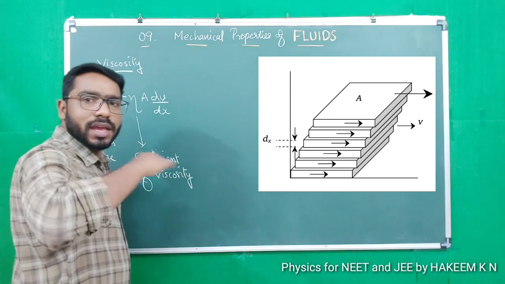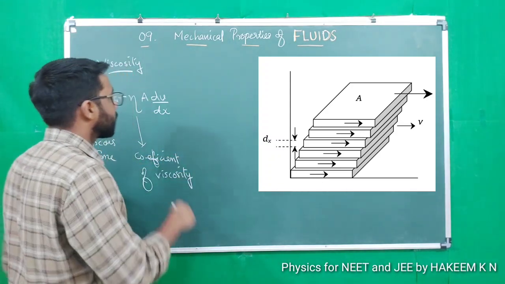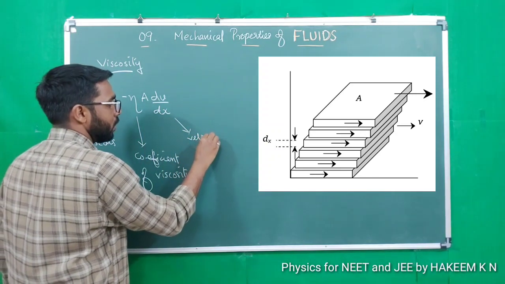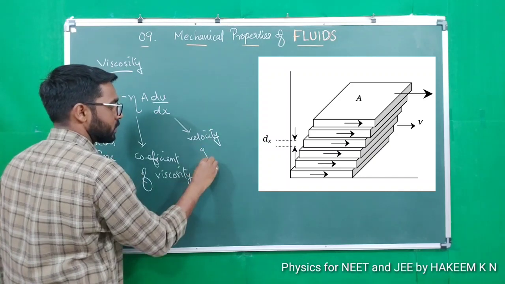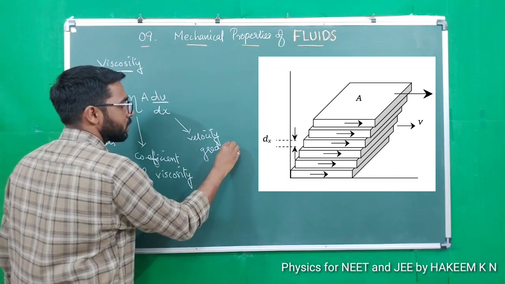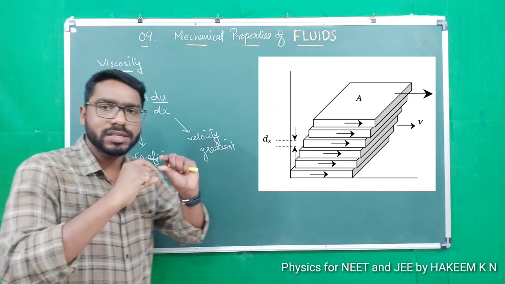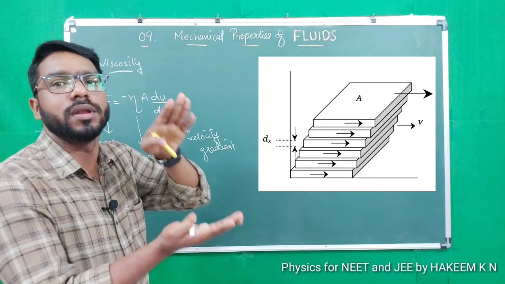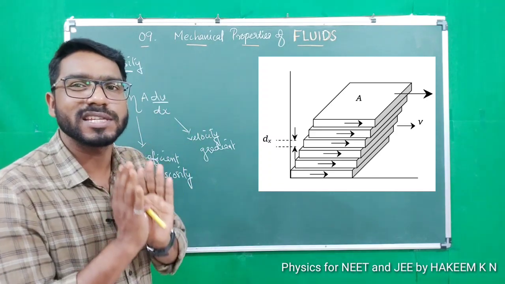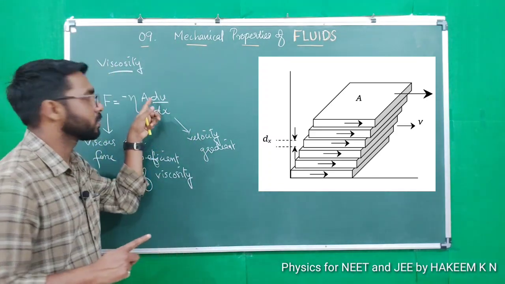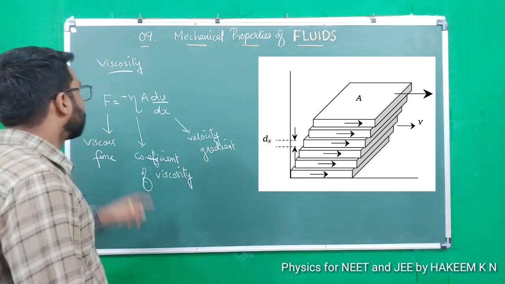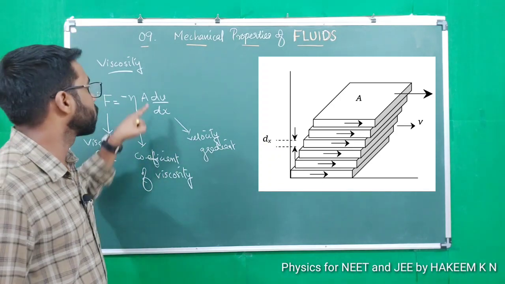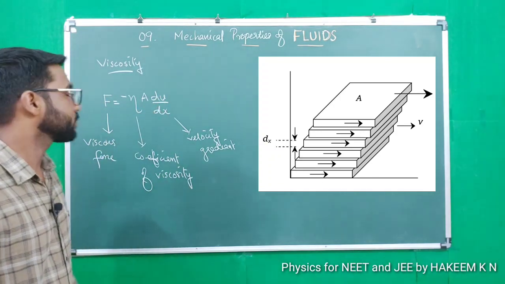And A is the area of liquid layers and dV by dx is called the velocity gradient. Velocity gradient means change in velocity of liquid layers with respect to perpendicular displacement, dV by dx. Okay. The negative sign indicates the viscous force acts opposite to the direction of motion of liquid layers.